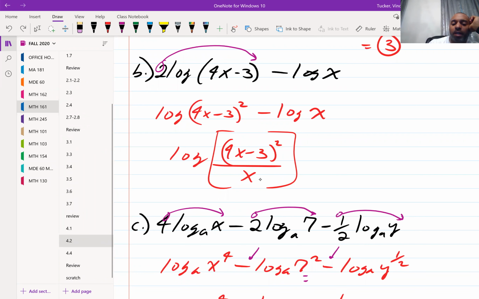So we have log base A of x to the 4th, log base A of 7 squared, and then log base A of y to the 1/2 power, or y to the 1/2.